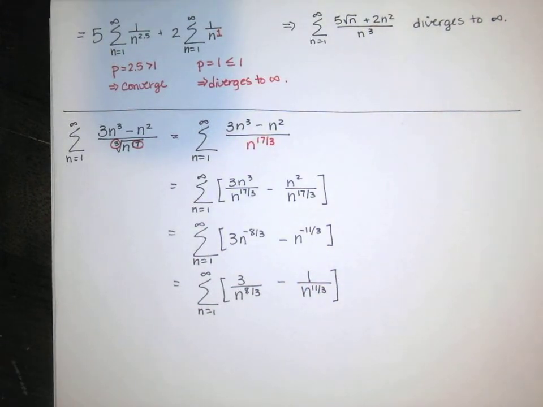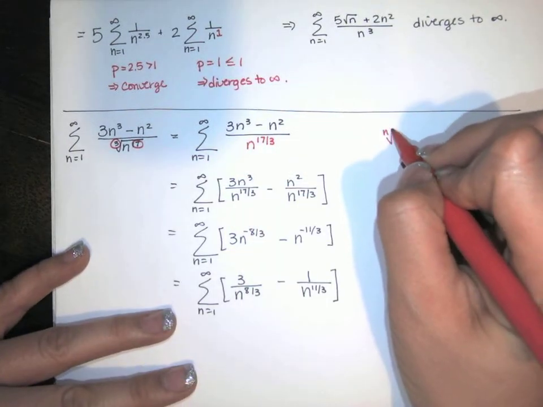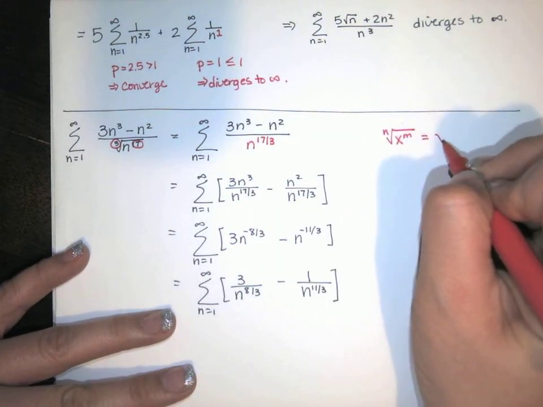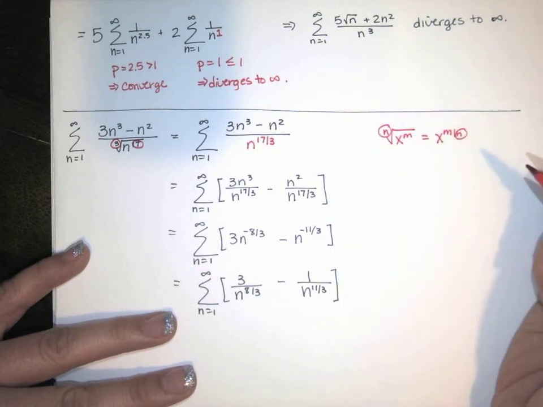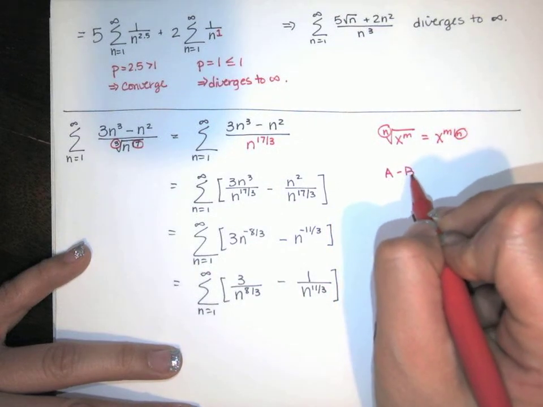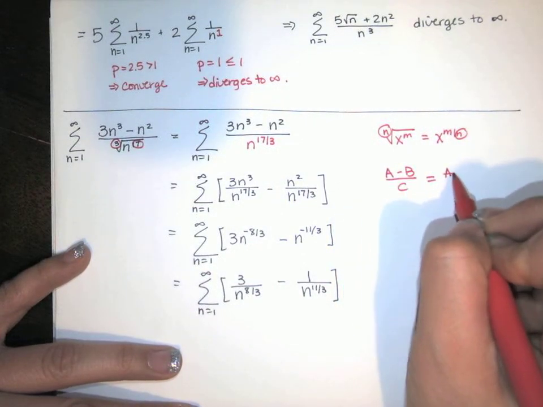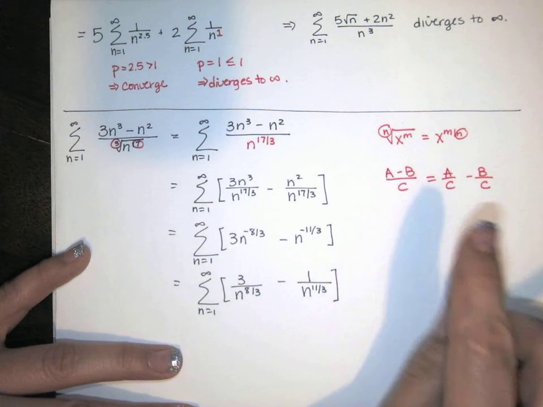So I was using a bunch of exponent properties. On this line, we were using the fact that the nth root of x to the m is x to the m over n. That index goes in the denominator. Here, I was using the fact that a minus b over c is equal to a over c minus b over c. That's legal.